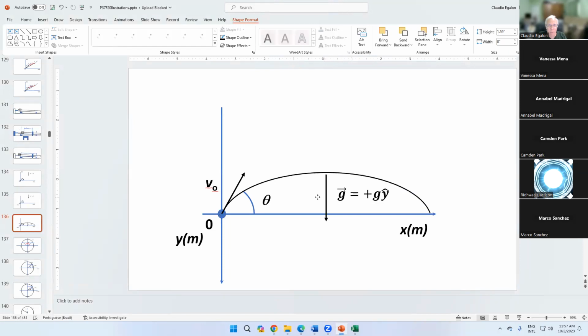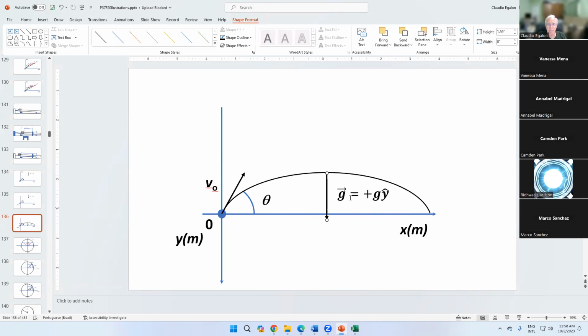right? No matter where you are along the path, at this point in time, the acceleration vector points towards the center of the concavity. At this point here in time, again, it points toward the center of the concavity and so on. Not only at this point here at maximum height, the acceleration vector has no tangential component whatsoever.